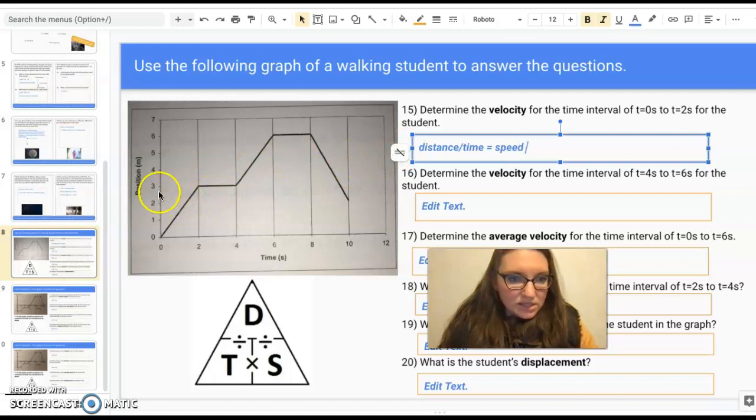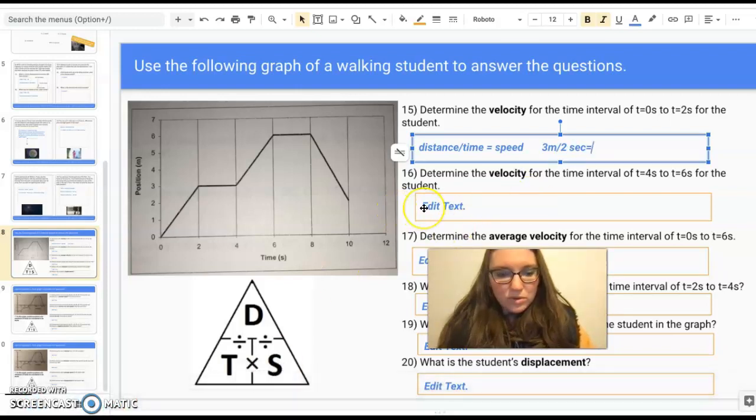Okay, so the distance is 3 meters in 2 seconds. So 3 meters divided by 2 seconds equals 1.5 meters per second. Okay?